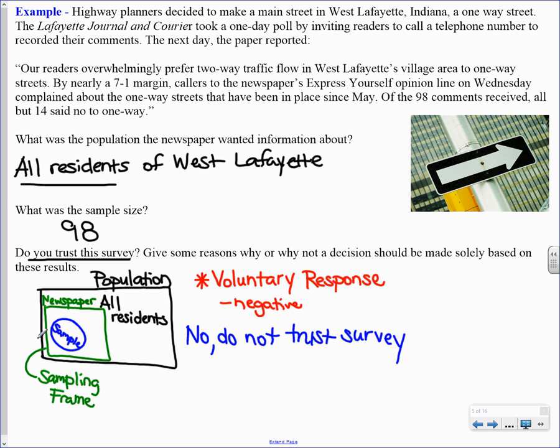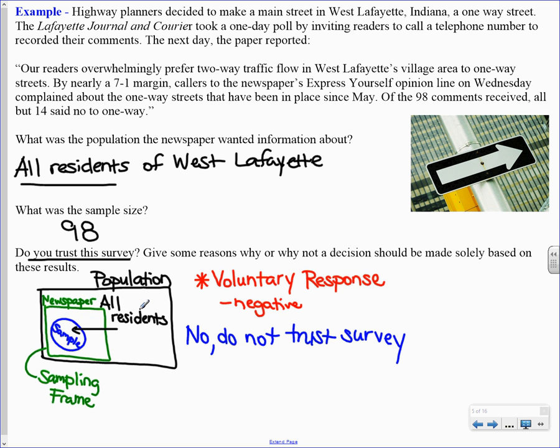So if our population is all residents, did our sample come directly from all residents? No, right? Our sample actually came from newspaper readers. So what we would call this green thing here is the sampling frame, okay? Because the sample actually came from the newspaper readers, not from all residents. And so why that might be a problem is newspaper readers might have something in common that excludes other residents of the population.